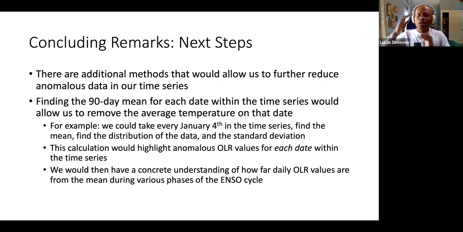We'll find the mean, we'll find its distribution, and then we can actually say during some point in the ENSO cycle, this is how far our OLR value is away from the mean for that day. So that would have been the answer. Didn't quite get there. Turns out working with date time, multi-dimensional arrays is rough, but it's the meat and bones of a lot of these computational techniques. So next slide, please.